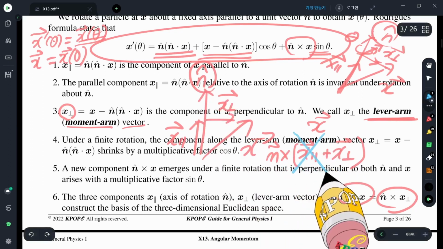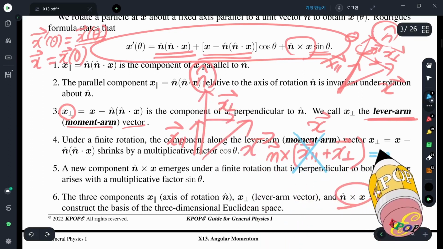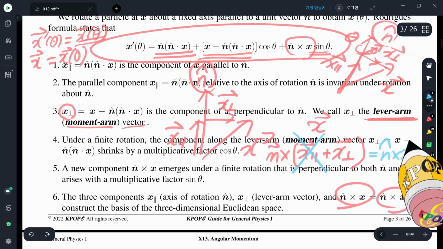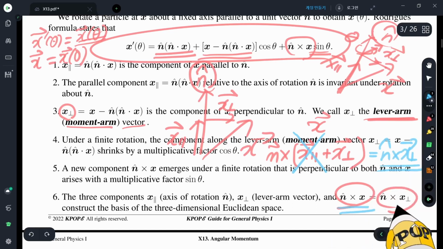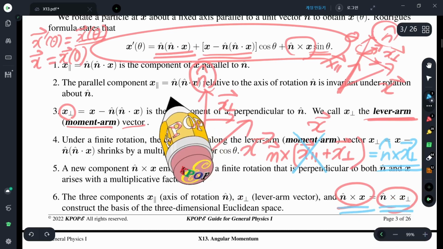Therefore, this one does not contribute. So x perp, this is enough. So this is a useful identity.